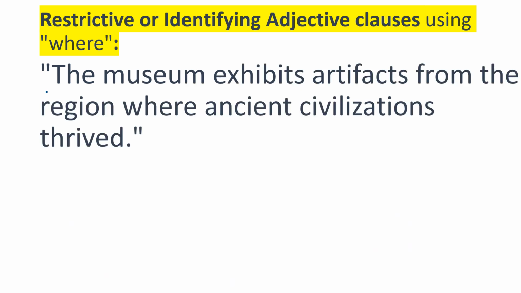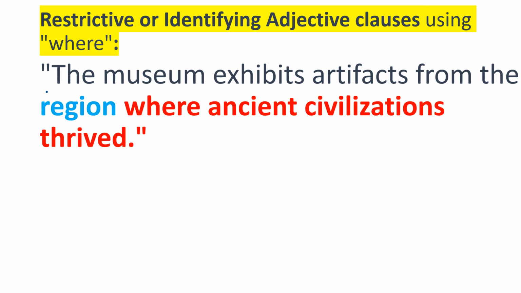The museum exhibits artifacts from the region where ancient civilizations thrived. Where ancient civilizations thrived is the adjective clause and region is the noun it's referring to.